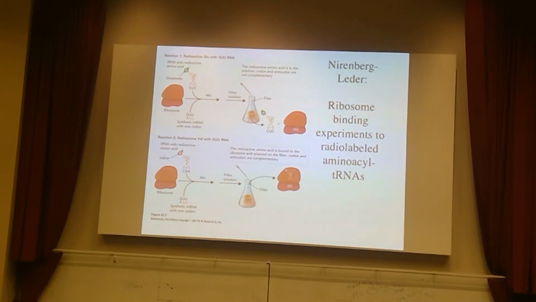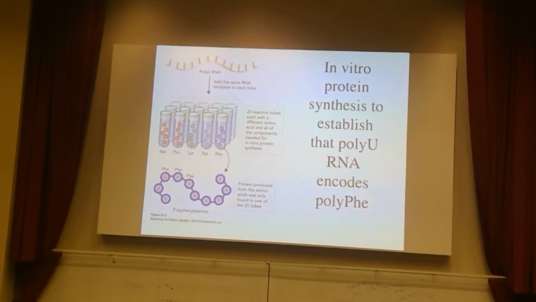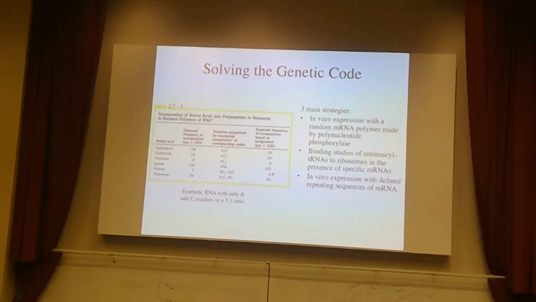Yes? Sorry, so just to repeat, they were only able to find which amino acids were coded for by mRNA codons that were the same? Right. So here's our first experiment with random message. They were able to definitively associate only when they had these repeating nucleotides.